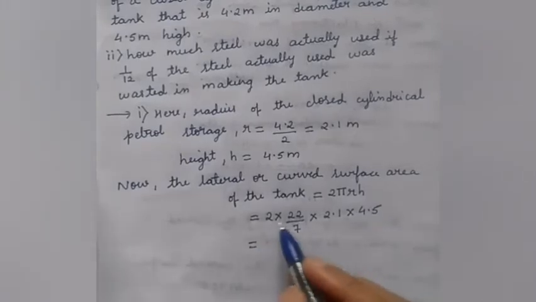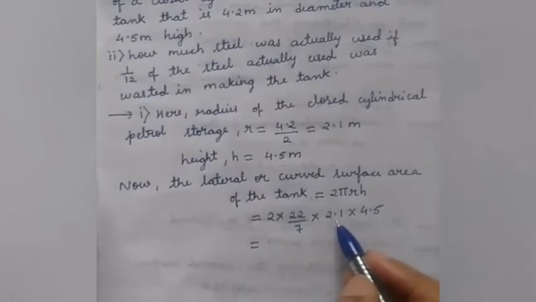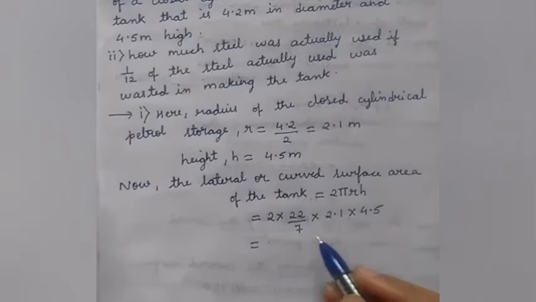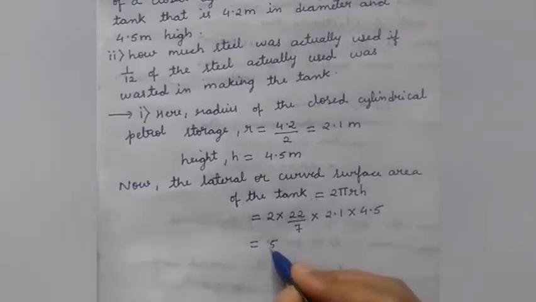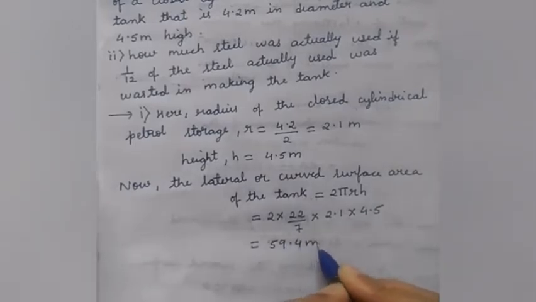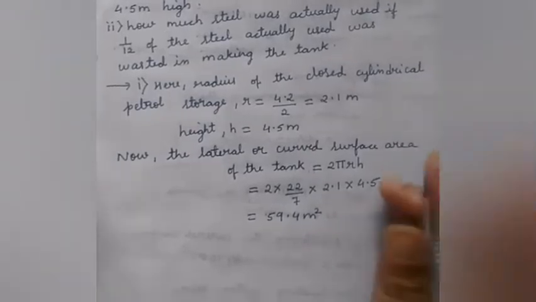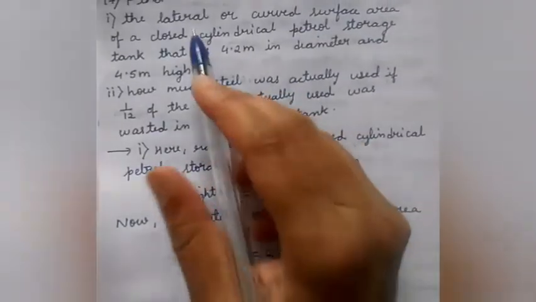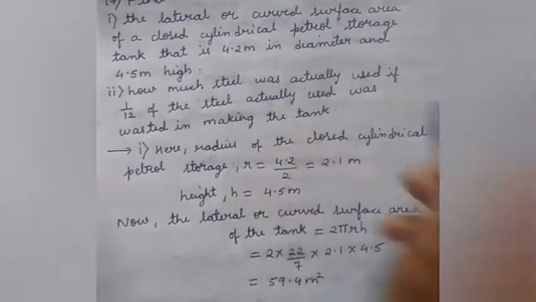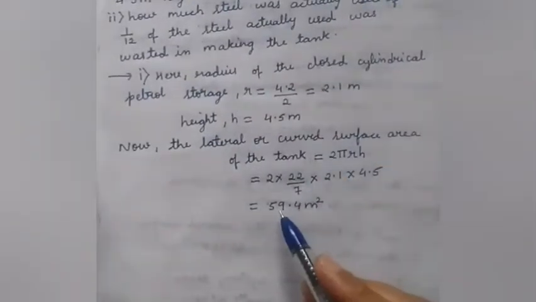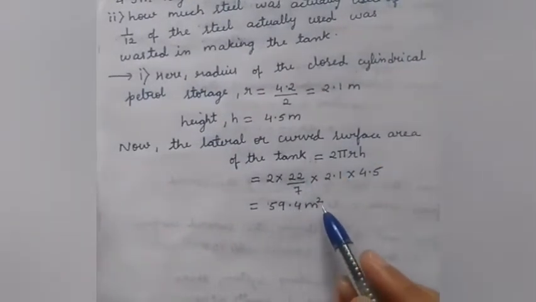So if we multiply 2 into 22 into 2.1 into 4.5 divided by 7, it is equal to 59.4 meter square. So first thing we have obtained, that is the lateral or the curved surface area of the tank, which is equal to 59.4 meter square.